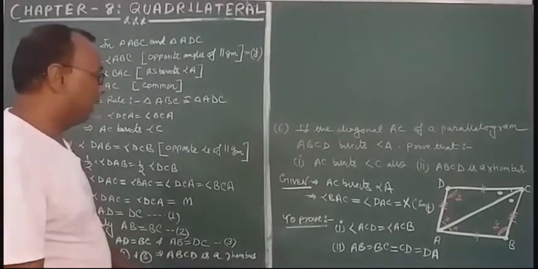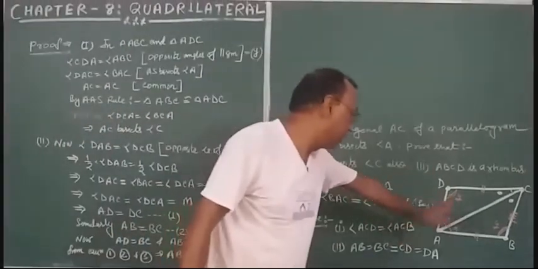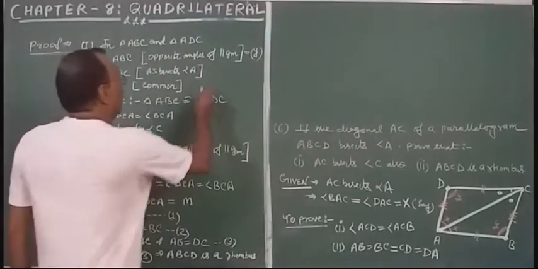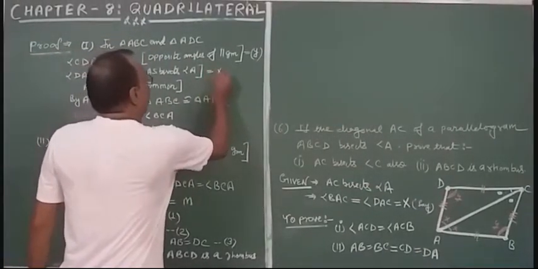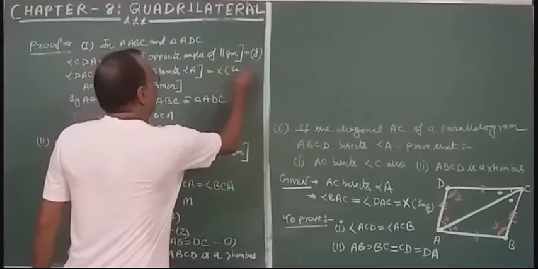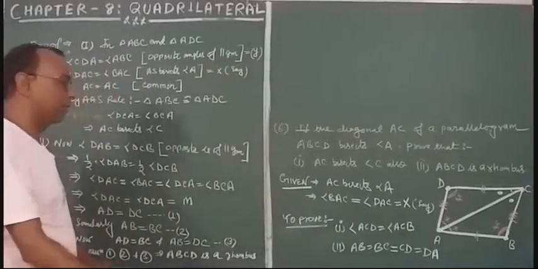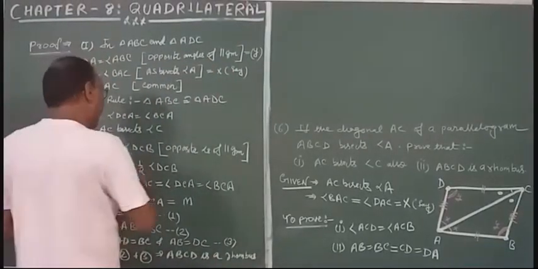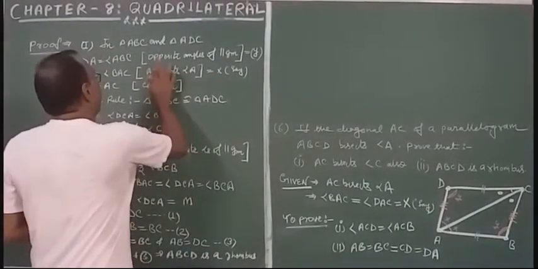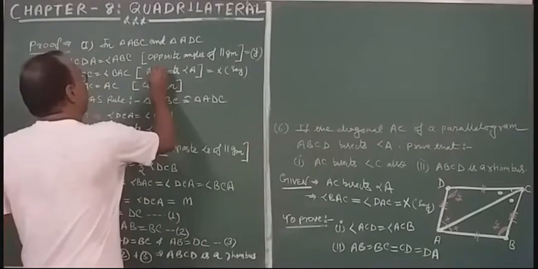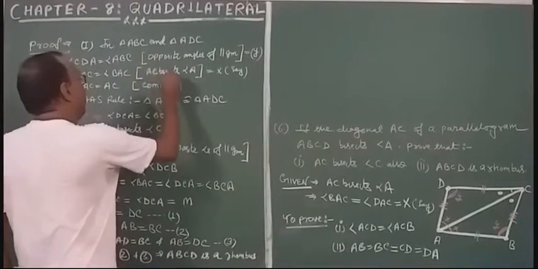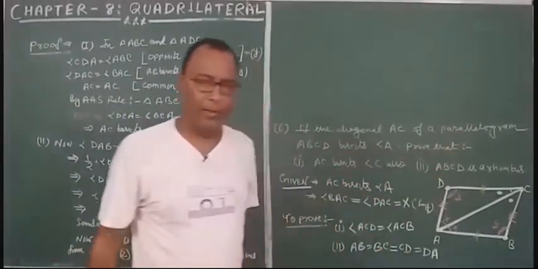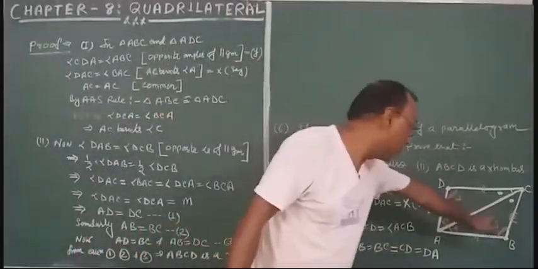Again, angle DAC is equal to BAC, because angle A is bisected by the diagonal AC. And the next thing, AC is equal to AC, it is common in both the triangles.